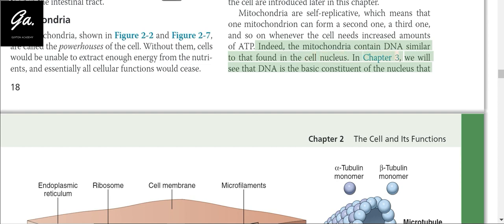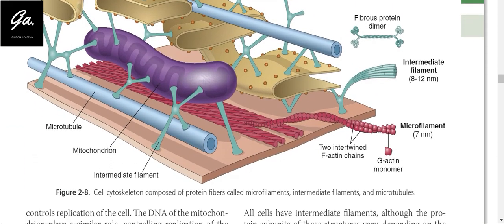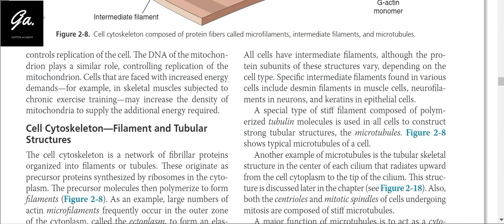In Chapter 3, we will see that DNA is the basic constituent of the nucleus that controls replication of the cell. The DNA of the mitochondrion plays a similar role, controlling replication of the mitochondrion.